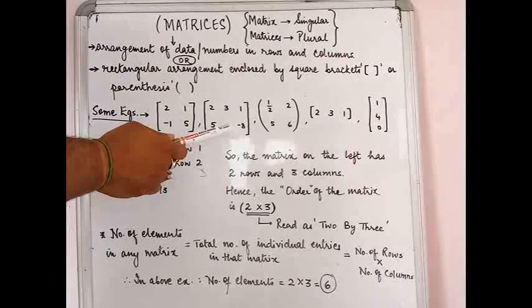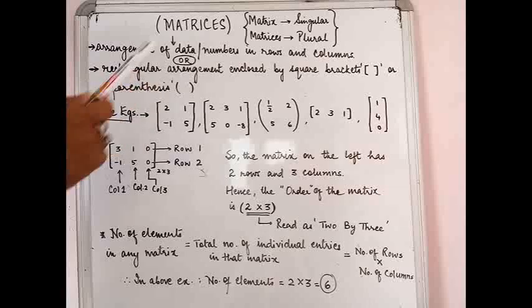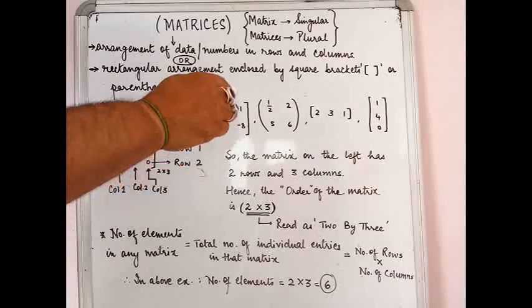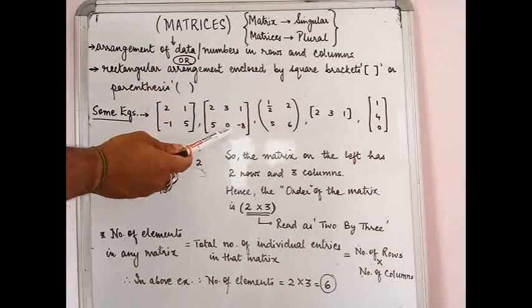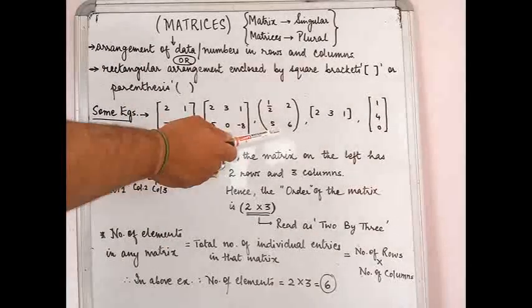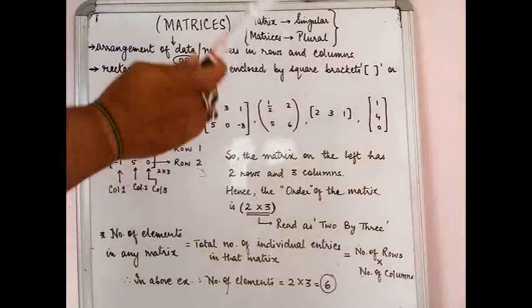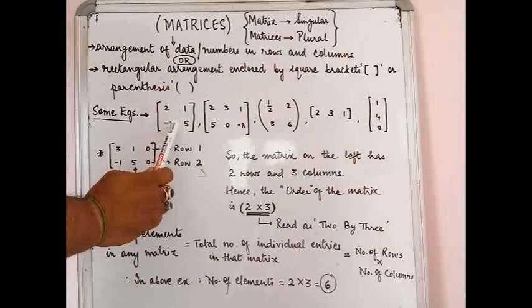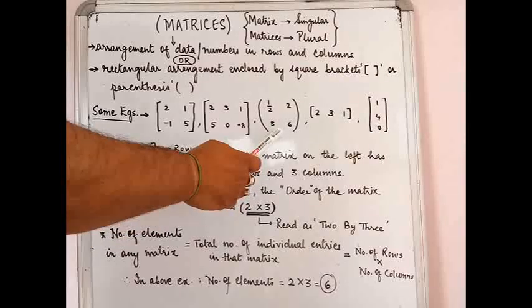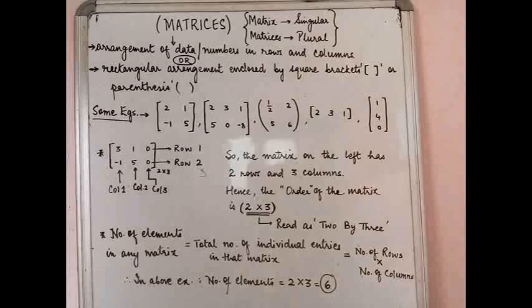Coming to this matrix, we have 2 rows and 3 columns. Similarly over here, you have 2 rows and 2 columns. The only reason I have listed this as well as this as examples is because you can see there are 2 major differences over here.